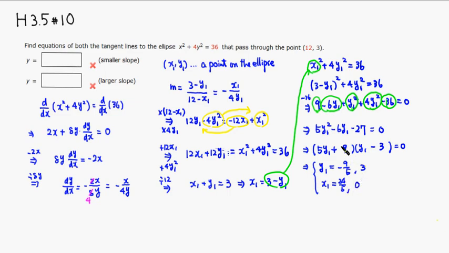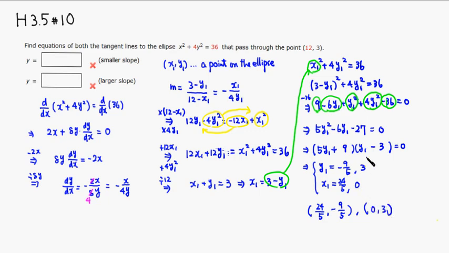X1 is 24 over 5. Maybe I'll write that down. So you're going to have 2 points: 24 over 5, comma, negative 9 over 5, and the other point is 0, comma 3.